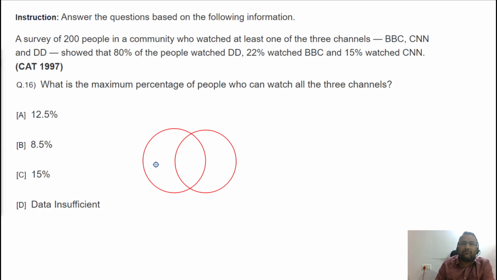So the numbers are given in terms of percentages here. So what I will do is, instead of 200, I will assume the total number of people to be 100, or take it as 100x. This circle is for BBC, this is for CNN, and this is for DD.